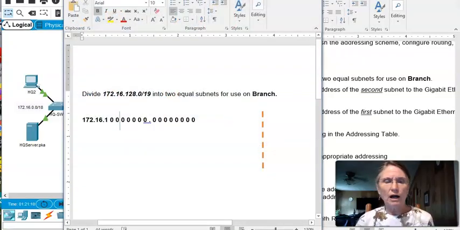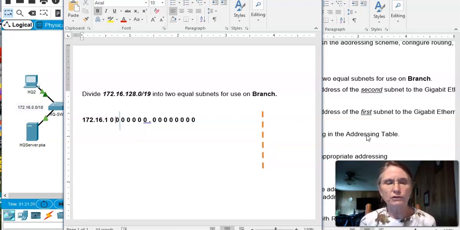When we come up with a requirement like this one, I like to explain it to students in a very granular fashion, really step by step, so that those that have difficulty can follow along.